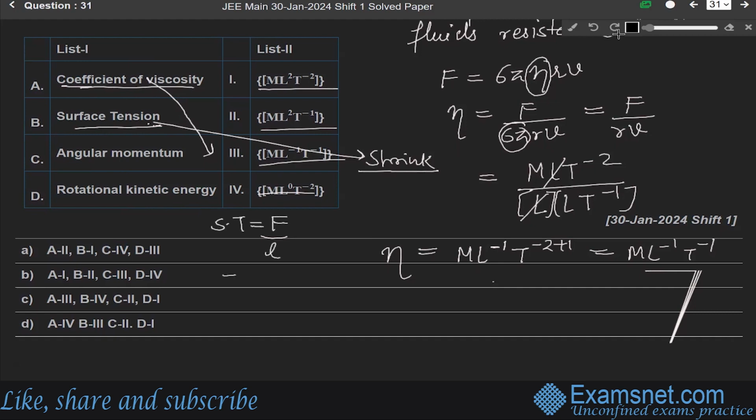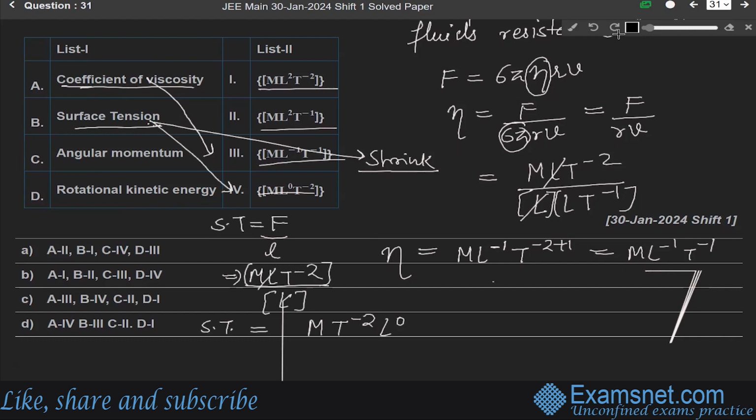That is force MLT minus 2 over length L. The L cancels out, so it will be MT minus 2 L 0. So surface tension matches with the fourth option, ML0 T minus 2.